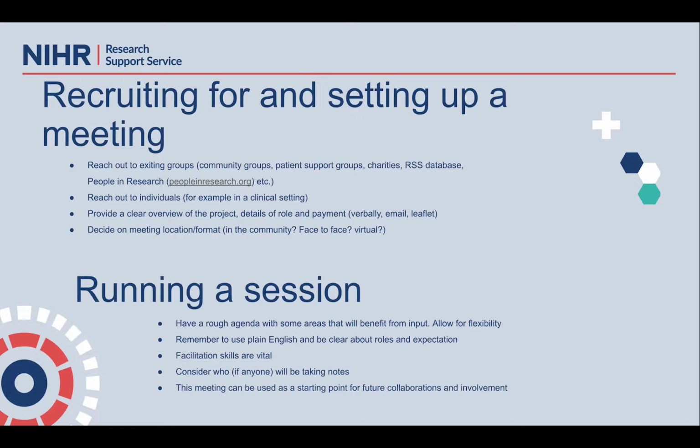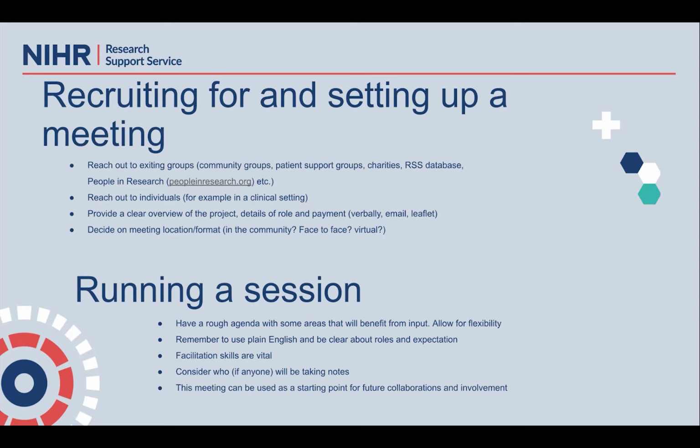One of the first things that can be useful to do is to consider where you might identify people who would bring valuable perspectives and be able to contribute to your research meaningfully. So reaching out to existing groups, so community groups, can be a really good way of engaging with a range of people.